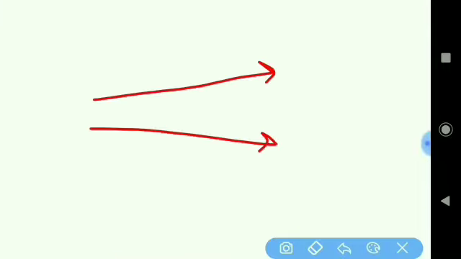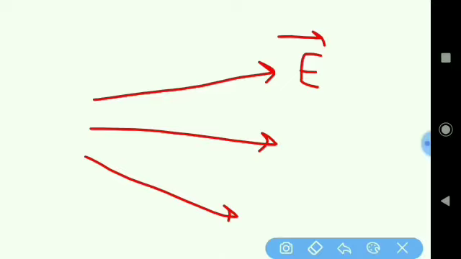If the electric field is like this, moving away from each other, the arrows, their distance becomes larger as they move away, or if it is like this, then this type of electric field is considered non-uniform electric field.